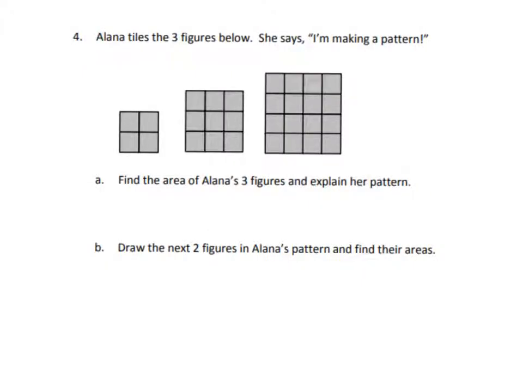Let's take a look at number 4. It says Alana tiles the 3 figures below. She says, I'm making a pattern. Find the area of Alana's 3 figures and explain her pattern. So, let's count the squares. I have 1, 2, 3, 4. So there's 4.